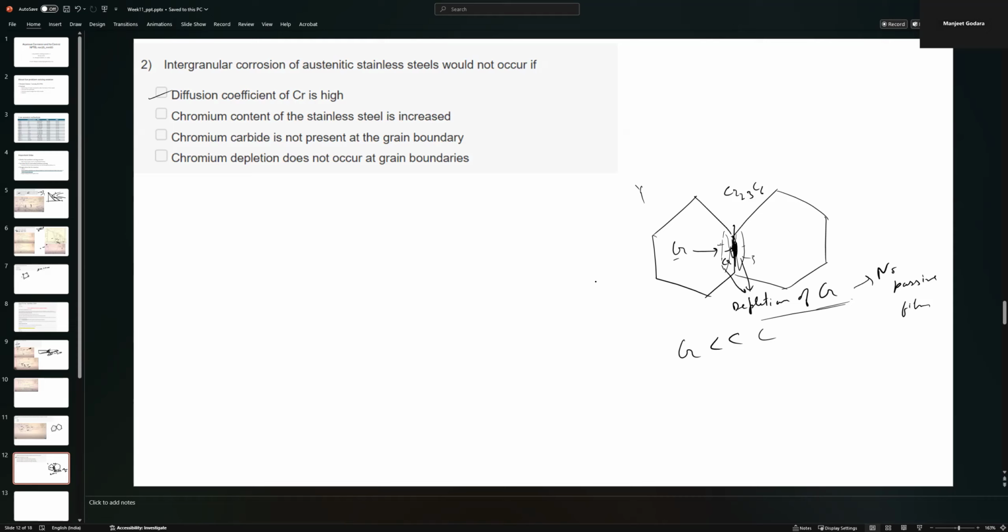Yes, this is true. You won't get this chromium depleted zone, and it won't go through IGC.